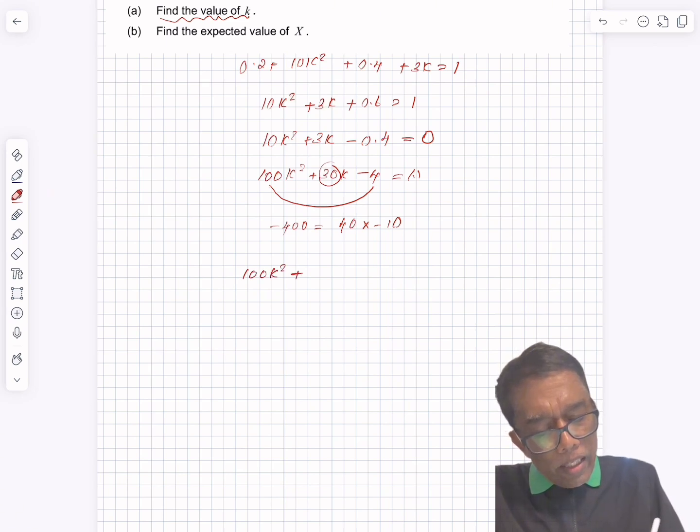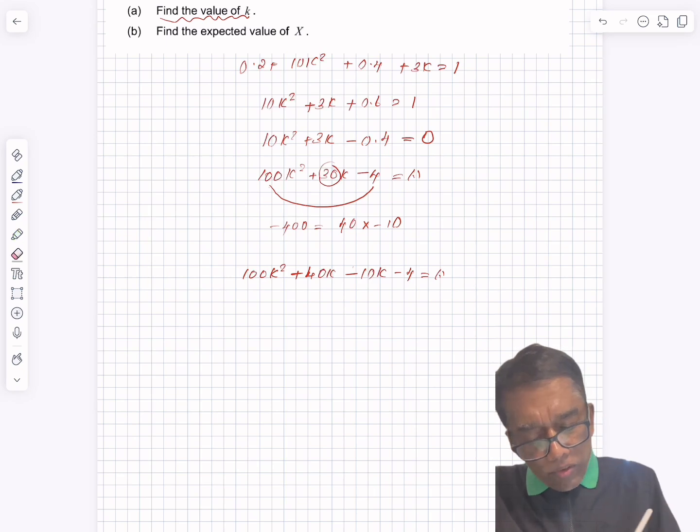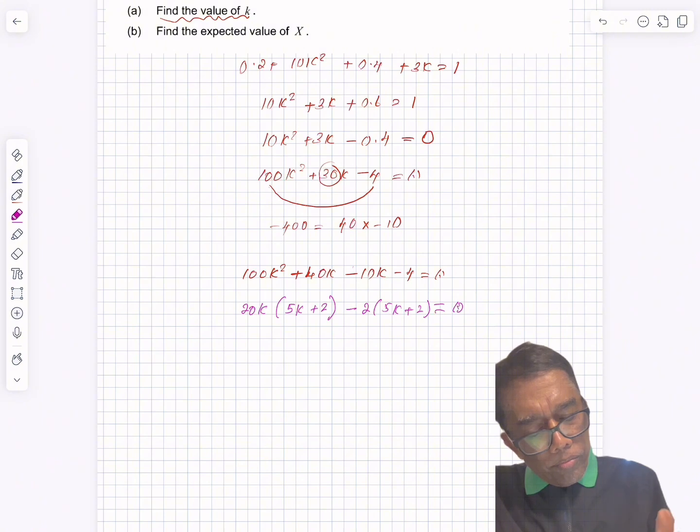It can be written as 100k squared plus 40k minus 10k minus 4 is equal to 0. If we take 20k as the common factor, 5k plus 2, again 2, 5k plus 2 is equal to 0.